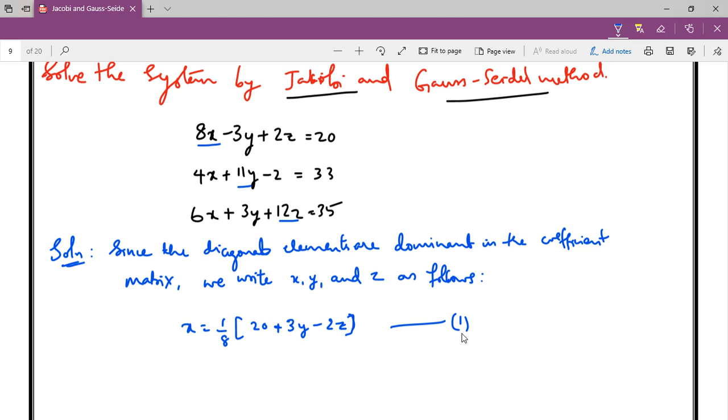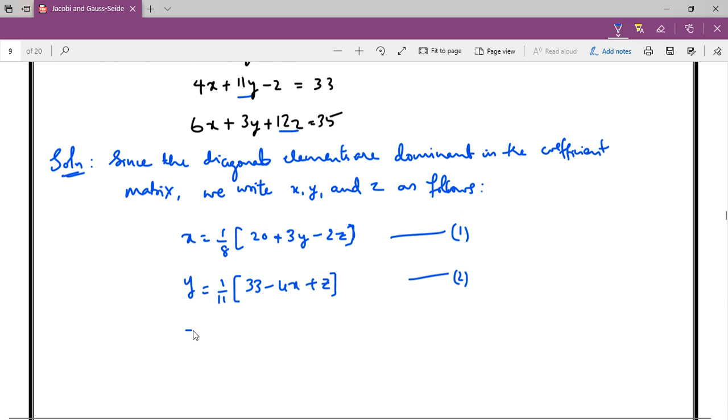Treat it as equation 1. Next, solve for y using the second equation. So y is 1 by 11 into 33 minus 4x plus z. Treat this as the second equation.